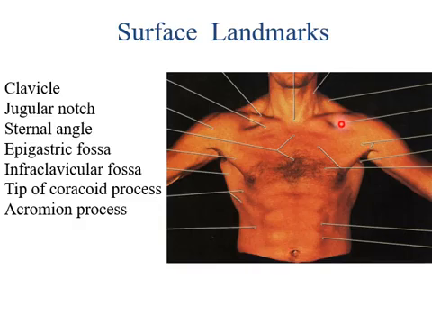If you palpate this fossa, you will get the tip of the coracoid process. Coracoid process is a part of the scapula. So the tip of the coracoid process can be felt in the infraclavicular fossa. And lastly, the acromion process, which is also a part of the scapula, forms the top of the shoulder.